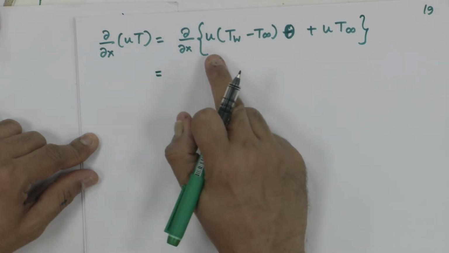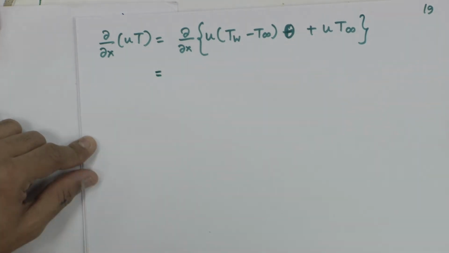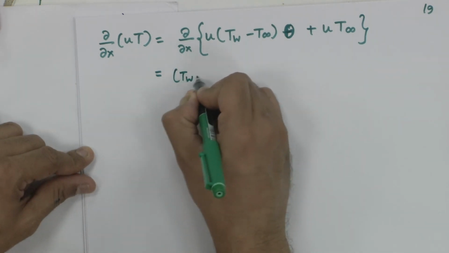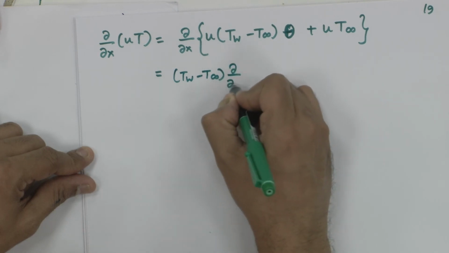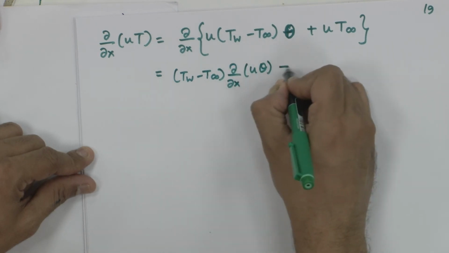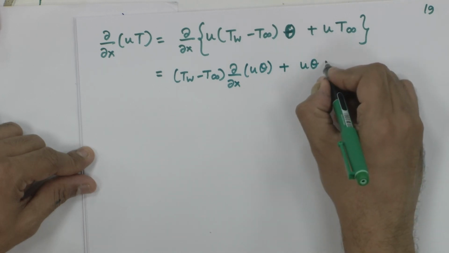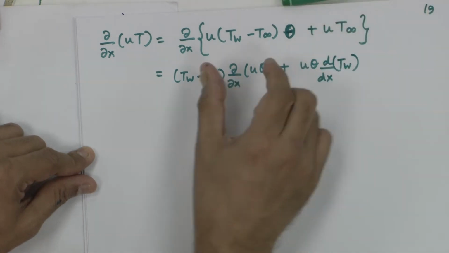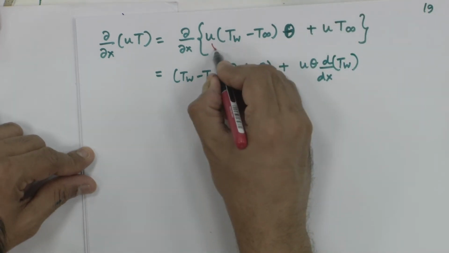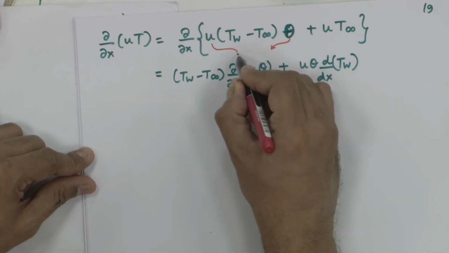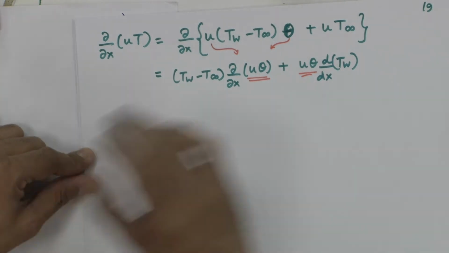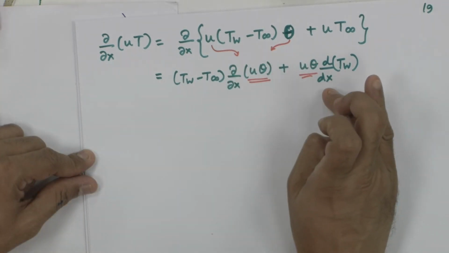So, I can do this differentiation as follows. This is (T wall minus T infinity) d by dx of u theta plus u theta d by dx of T wall. Why this? Because I am going to use this one and this one as one pair, that is why this is taken like this. T wall is only a function of x, T infinity is a constant. So, dT wall by dx is a regular derivative.